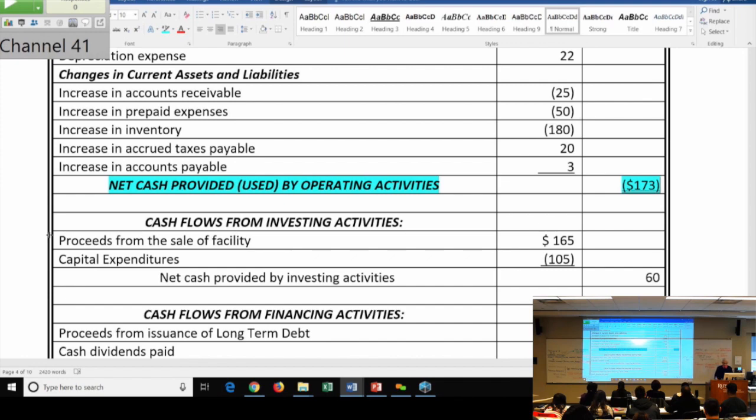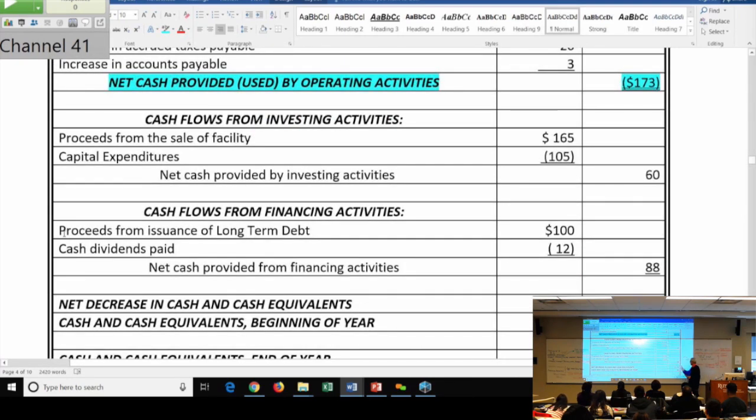And then finally in financing, you've got proceeds from issuing long-term debt. And once again, it's only what? The 100, because the rest is going to be a non-cash transaction, equipment and notes payable. You don't include the 22.